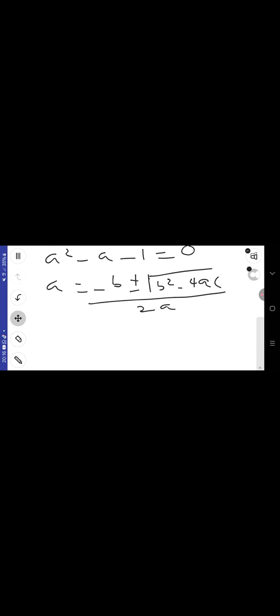So let's put in the values. a is equal to minus 1 plus or minus root of, b squared is going to be minus 1 squared, minus 4 times a, which is 1, and then c is minus 1, all over 2 by 1. So let's solve.